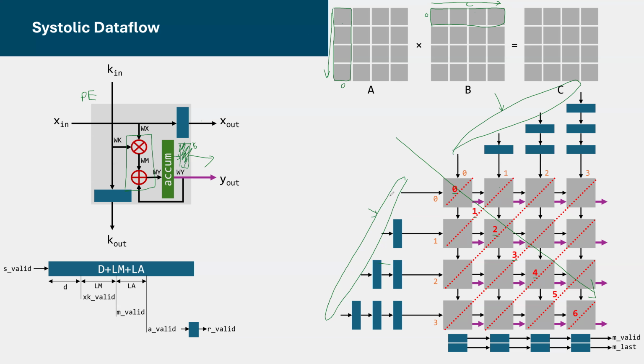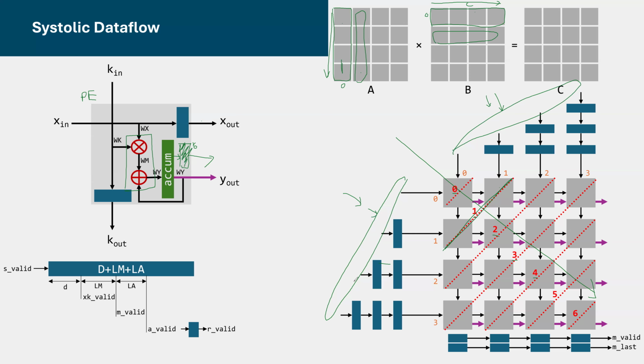And what is the next valid data? The next valid data is basically this one and this one. So they both arrive here. When they arrive here, the very first valid data will move to this place, right?